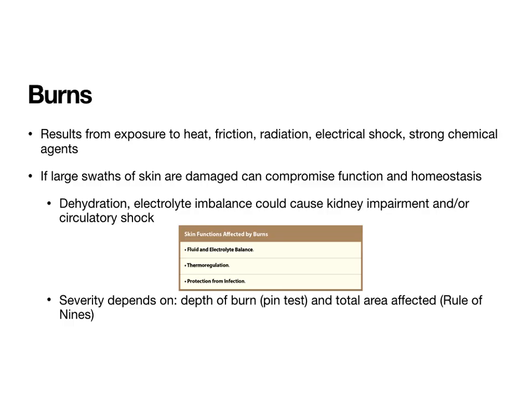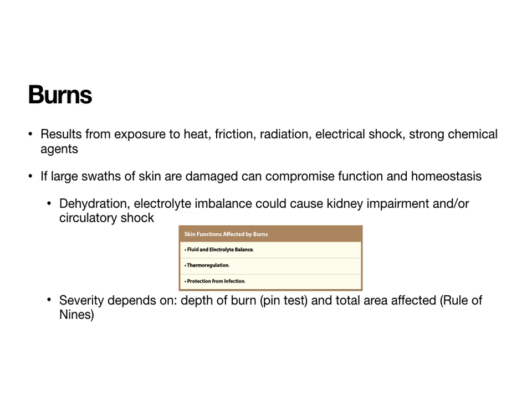So if we have taken away a layer or multiple layers, we have now opened up a window for wonderful microorganisms, bacteria, anything that can come in and potentially cause infection to that underlying tissue.